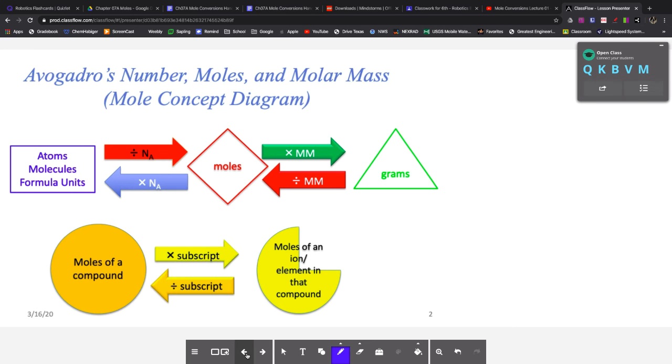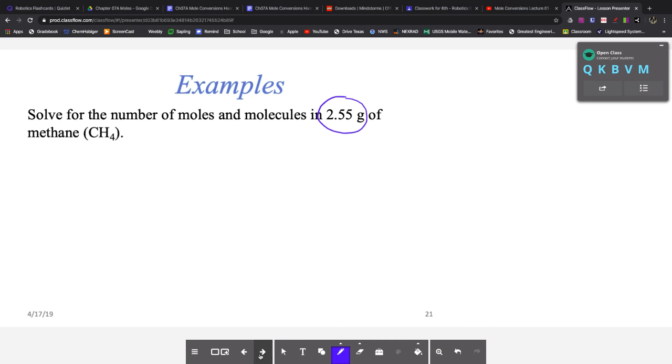So I would go back to my graphic. I can go from grams to moles using the molar mass, and then I can go from moles to molecules using Avogadro's number. So we're going to go from grams to moles, and then from moles to molecules.